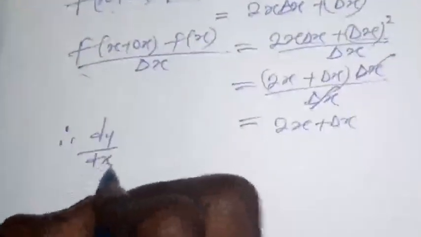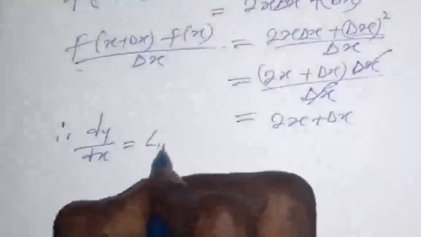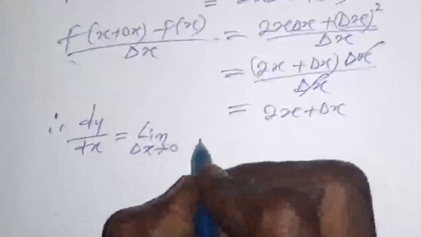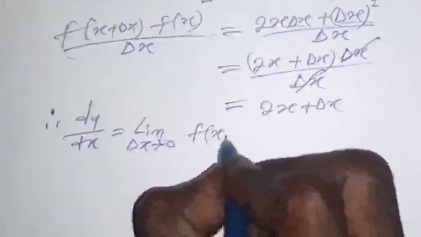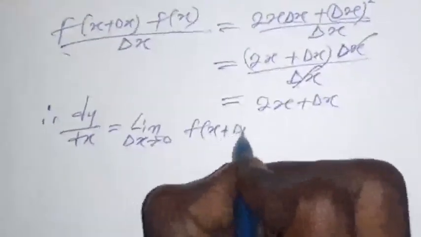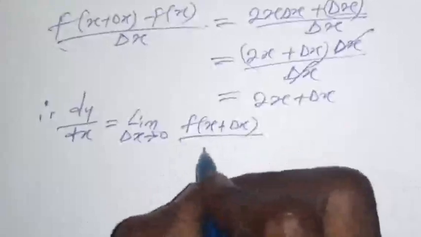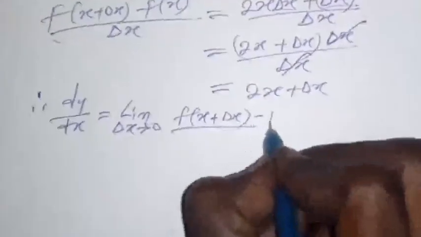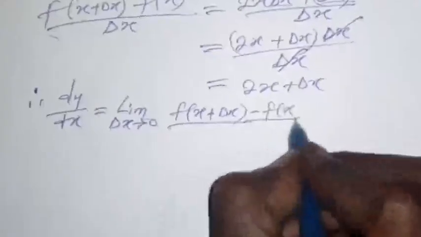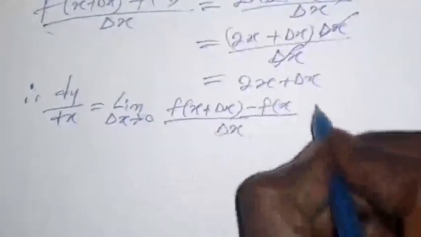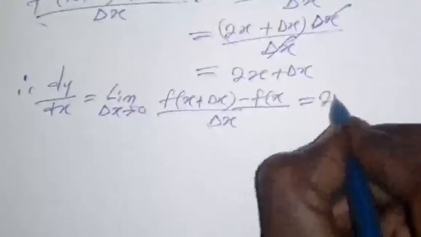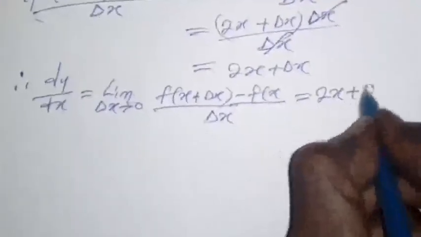Therefore, dy dx is equal to the limiting value as delta x tends to 0 of function of x plus delta x minus function of x all over delta x, which is equal to 2x plus 0.